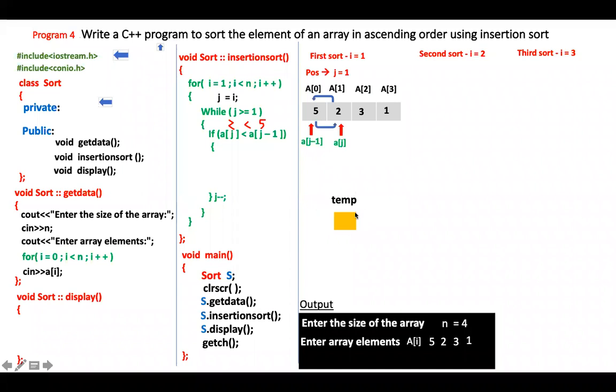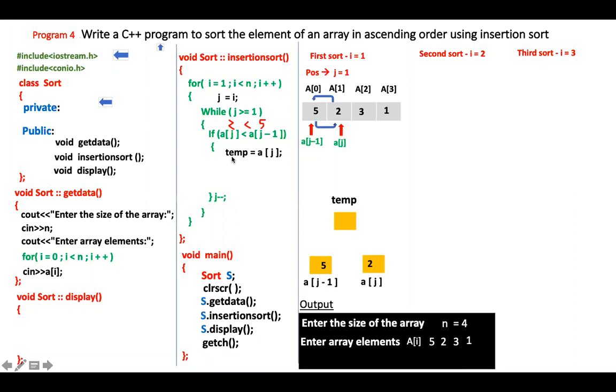It will consider a temporary variable. A of J is 2, and A of J minus 1 is 5. See, the value 5 is there in A of J minus 1, and the value 2 is there in A of J. Now it will start exchanging. Here I have directly written exchanging, but how the exchange takes place internally is that the value will go to your temporary variable. So how should you write the statement?